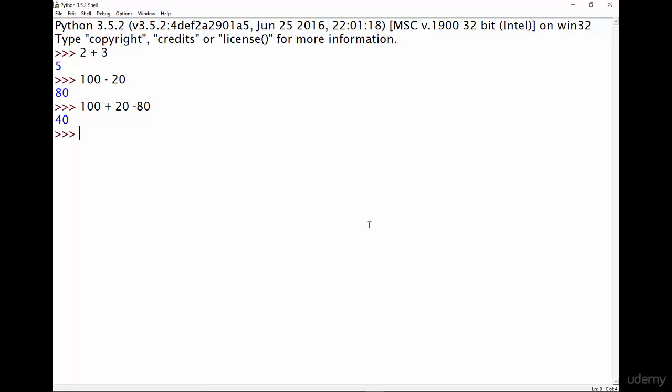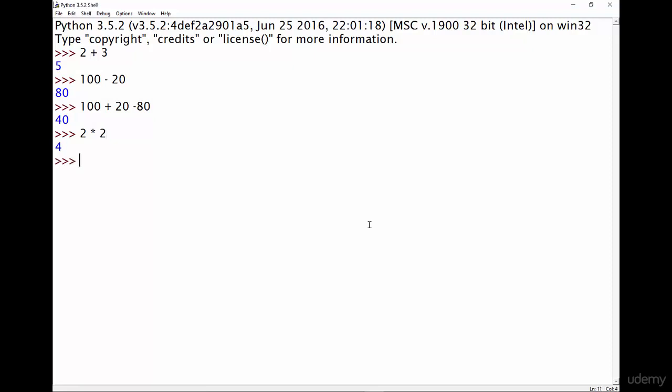Right, so the multiplication operator is an asterisk or a star. You can find this by pressing Shift and then 8 on your keyboard. It looks basically like this. Okay, so let's say we wanted to find what 2 times 2 is. Well, for that we need the multiplication operator. So 2, multiplication operator, 2, and Python's going to give us back 4, which is correct.